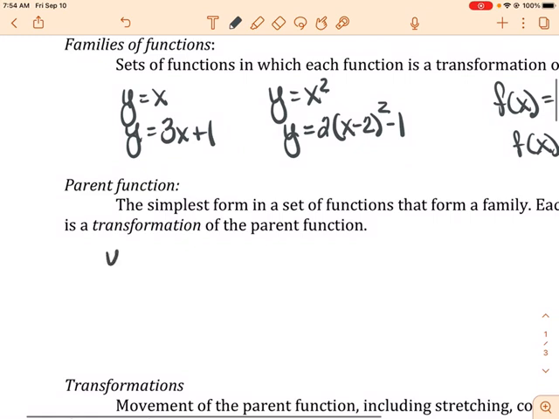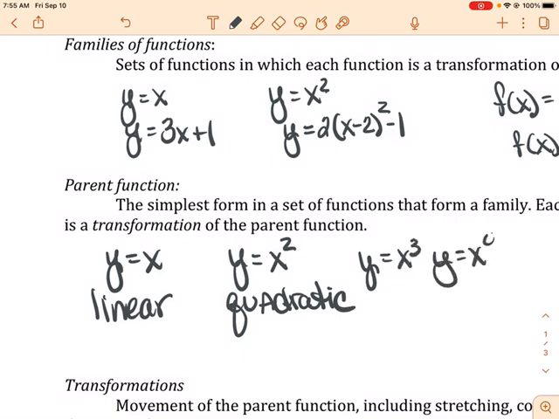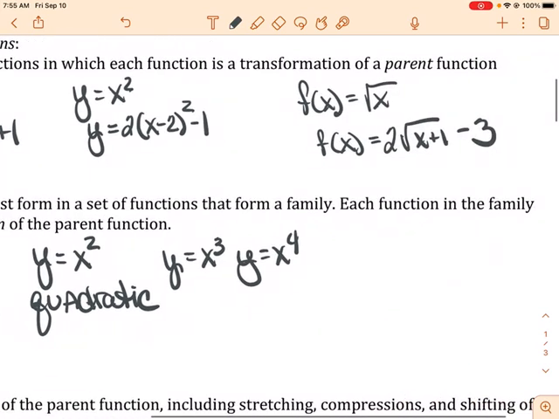So y equals x is the parent for linear, because that is the most basic function. y equals x squared is the parent for quadratic. Polynomials doesn't really have a parent because you have y equals x cubed, y equals x to the fourth, and so on. Those are parents of those specific cubic and quartic families.